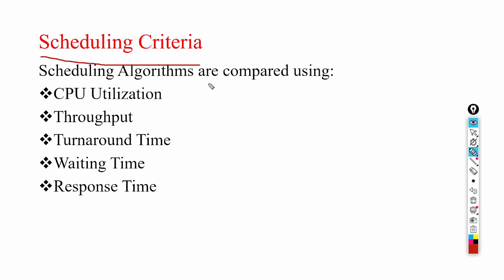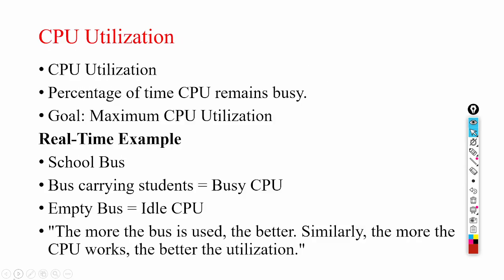Scheduling algorithms are compared using these main criteria: CPU utilization, throughput, turnaround time, waiting time, and response time. An ideal scheduling algorithm should maximize the CPU utilization and throughput while minimizing the turnaround time, waiting time, and response time.